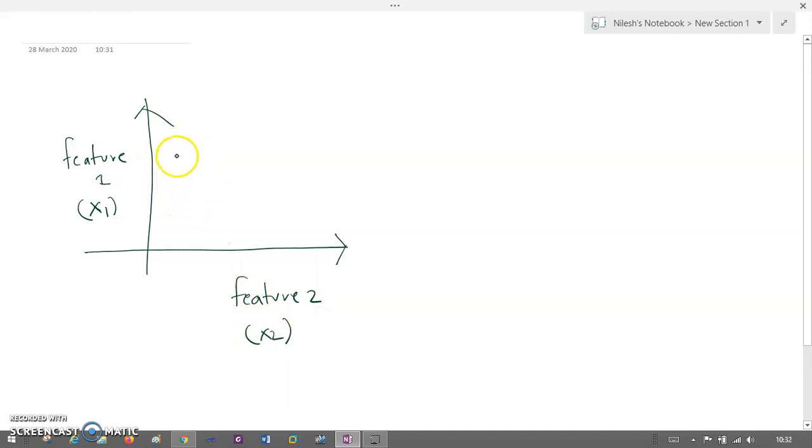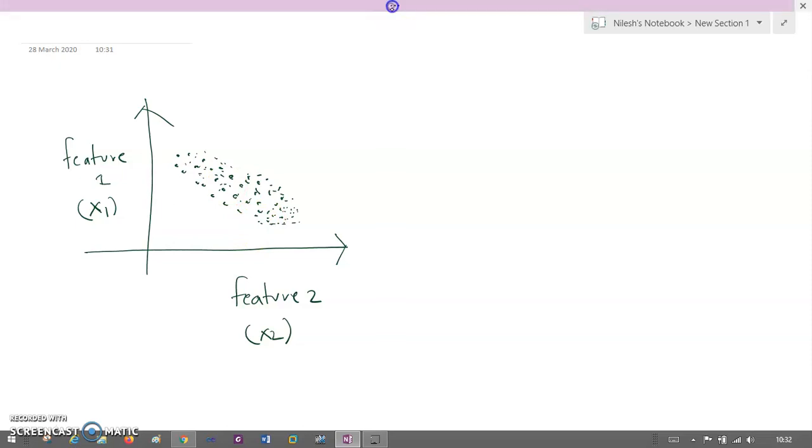Then if these are the data points, I've just precisely drawn it over here. There are so many data points here, which means they have larger information compared to the above part. Let's say all these are data points from the data set, and they are in a higher dimension.